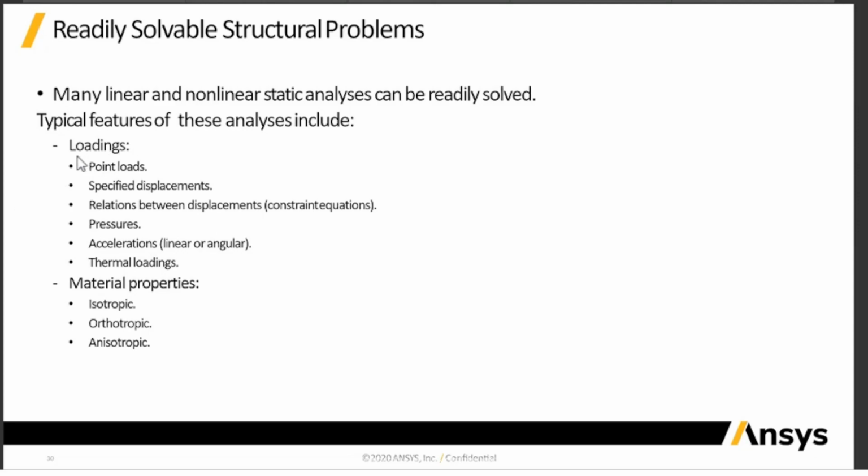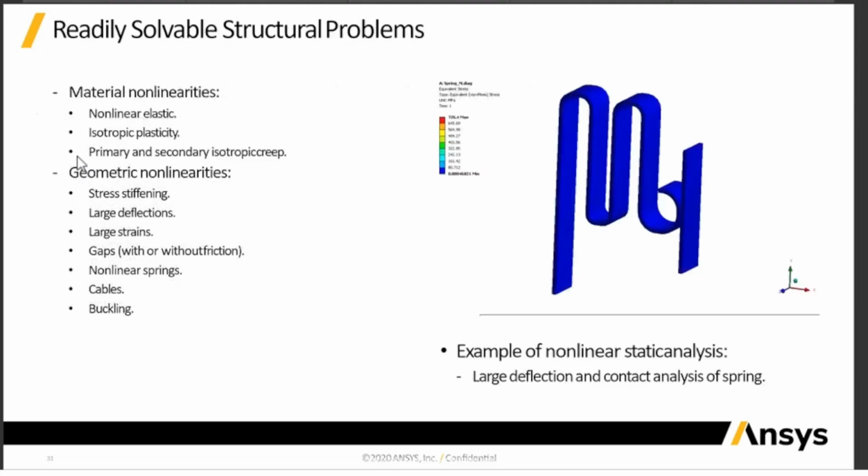You can apply pressures, linear or angular accelerations, or thermal loading. You can add various material properties; a material may be isotropic, orthotropic or anisotropic. Already we discussed you can simulate composite materials as well, which is an example of orthotropic materials.